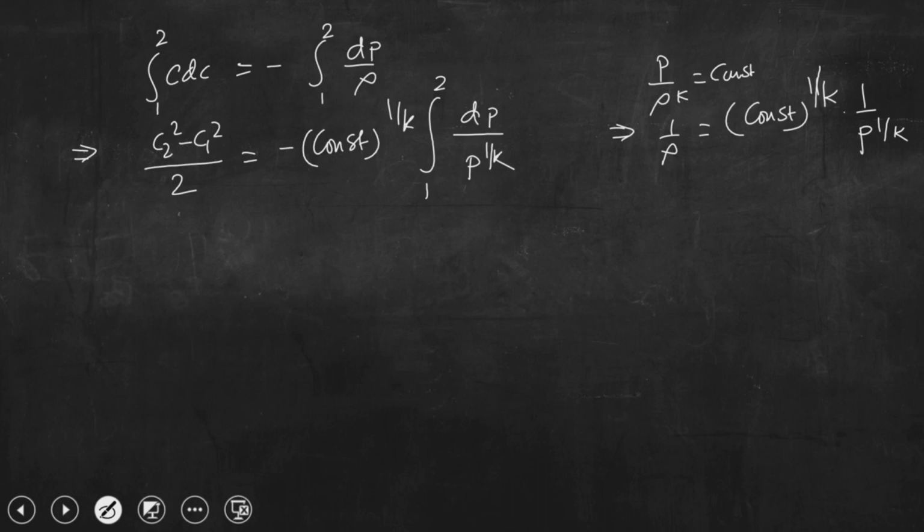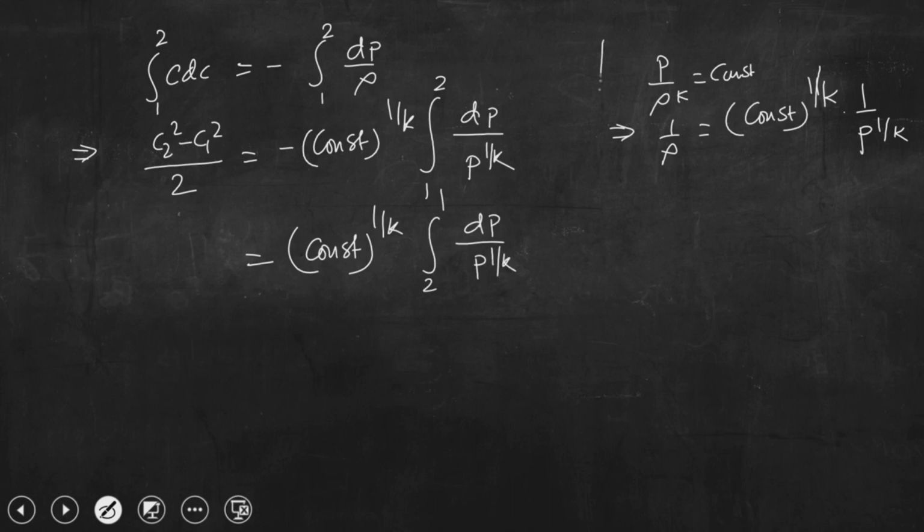Now, what we can write? We can write this equal to constant power 1 upon k into integral 2 to 1 dP by P power 1 upon k.